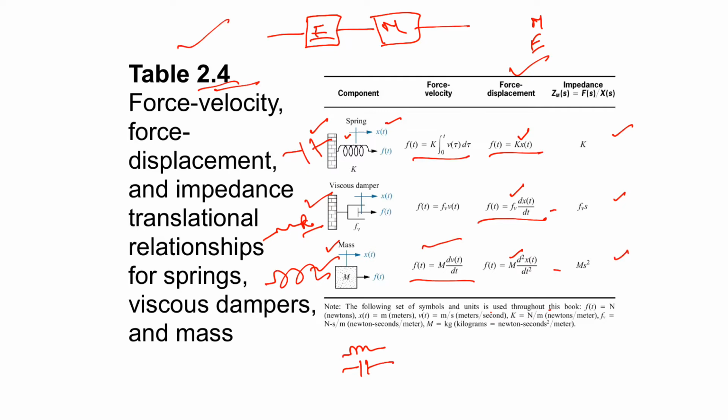Now, another analogy can be drawn by comparing the force velocity column of this table 2.4 with the current voltage column of 2.3 in the reverse order. Here the analogy is between force and current and between velocity and voltage.